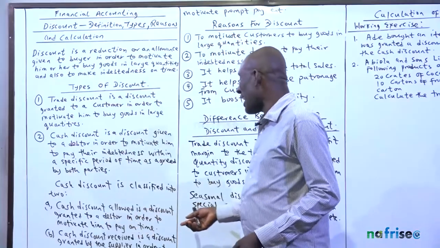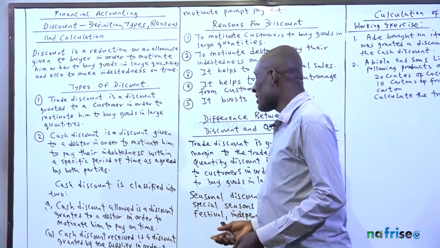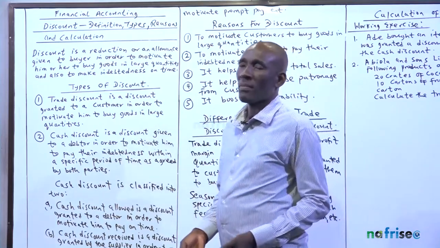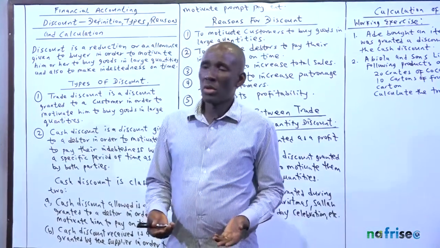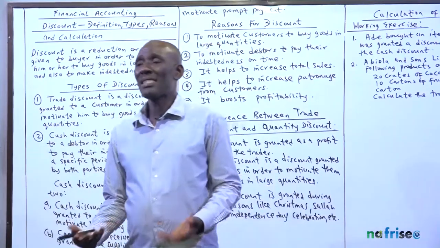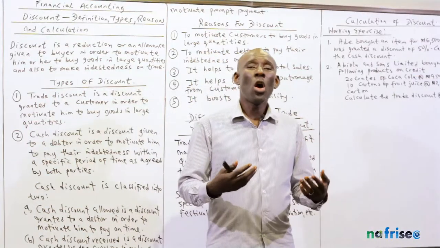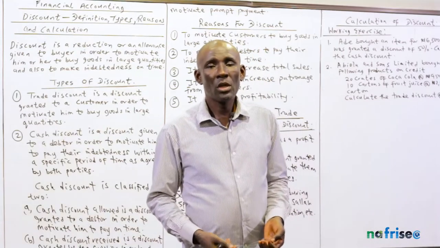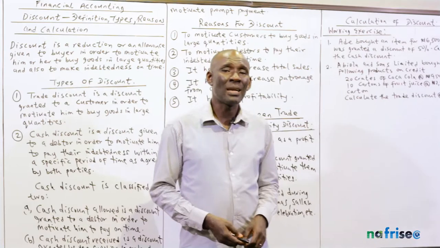Now, the cash discount allowed is a discount granted to a debtor in order to motivate him to pay on time. In other words, a debtor to an organization is allowed a cash discount so as to pay his indebtedness on time. So discount granted to debtors in order to make them pay on time is known as cash discount allowed.